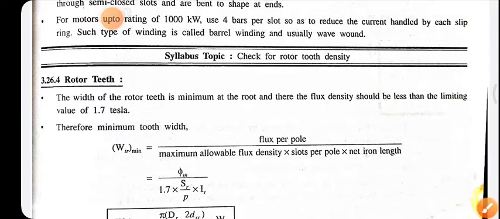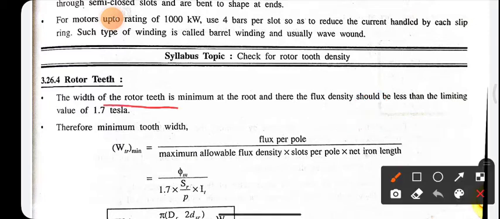The width of the teeth is minimum at the root, and there the flux density should be less than the limiting value of 1.7 Tesla. The flux density has an upper boundary, 1.7 Tesla. Above that there will be magnetic saturation, and we don't want that to happen. So we will design it in such a way that the flux density does not exceed 1.7 Tesla.